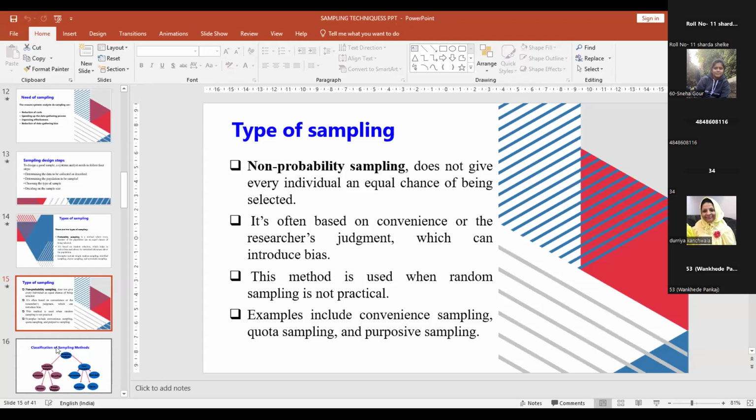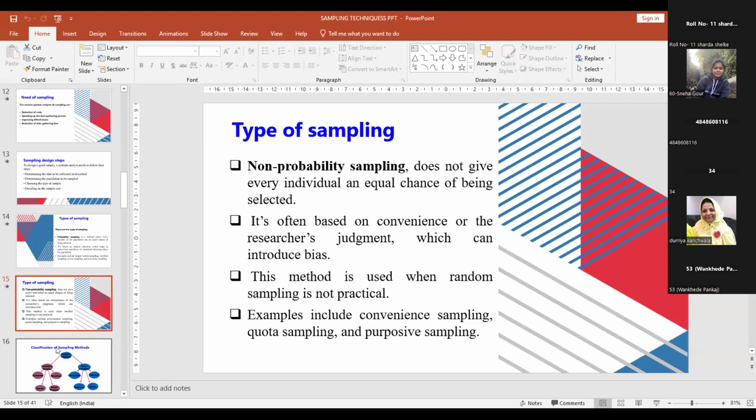It is based on convenience or researcher judgment, which can introduce bias. This method is used when random sampling is not practical.